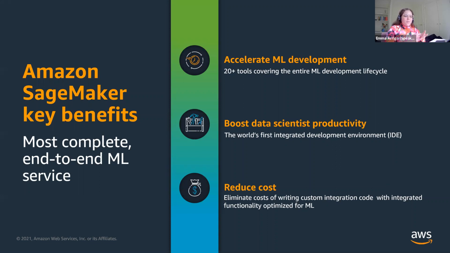It boosts productivity as it's the first integrated development environment, or IDE, for machine learning, bringing all these tools into one place. And it's cost effective as it integrates code, data preparation, debugging, bias, training, deployment, and monitoring in one place. And you don't have to build a custom environment.